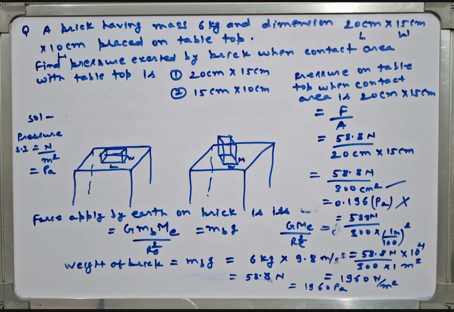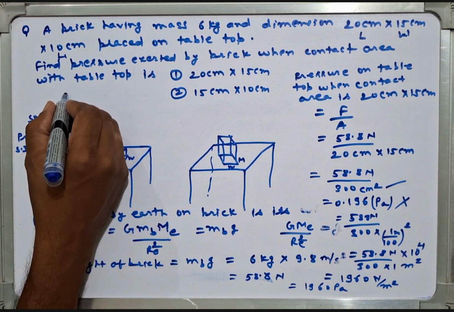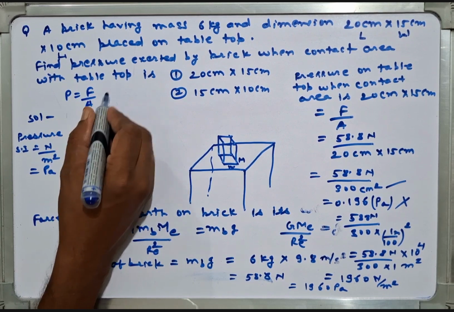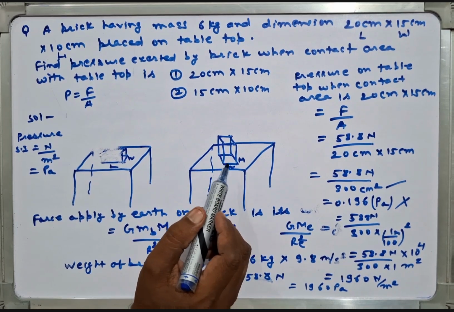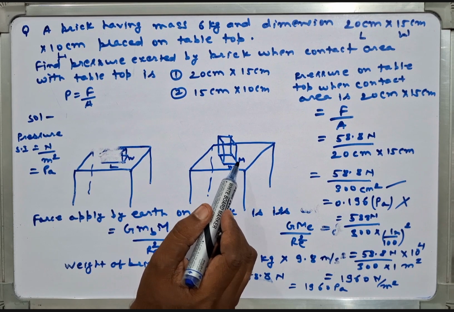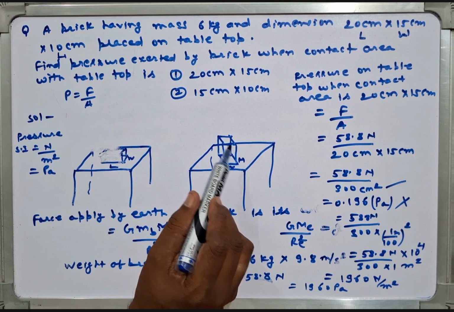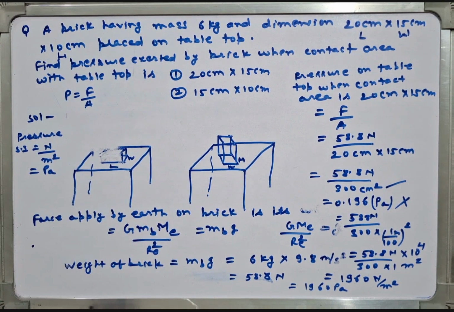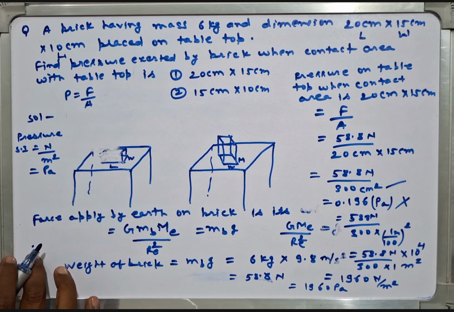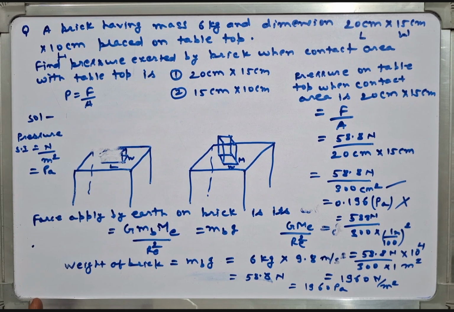Now the second case: pressure P equals force by area. Here the force will not change, because the mass of any object is considered as a point, so it does not depend upon the shape in physics. By changing the orientation, the weight is not going to change, because mass is a constant quantity; it depends upon how much material is inside the object, and the material is not going to change.